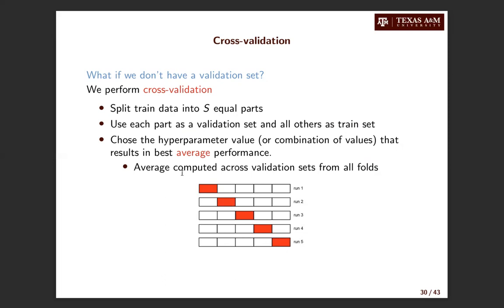Now we can average the accuracy obtained from each of these 5 different runs, and this would be the accuracy that is representative of that specific hyperparameter or hyperparameter combination. We can repeat this for as many predefined hyperparameters as we have for our problem, and then we can find which hyperparameter yields the best average performance as part of this cross-validation.